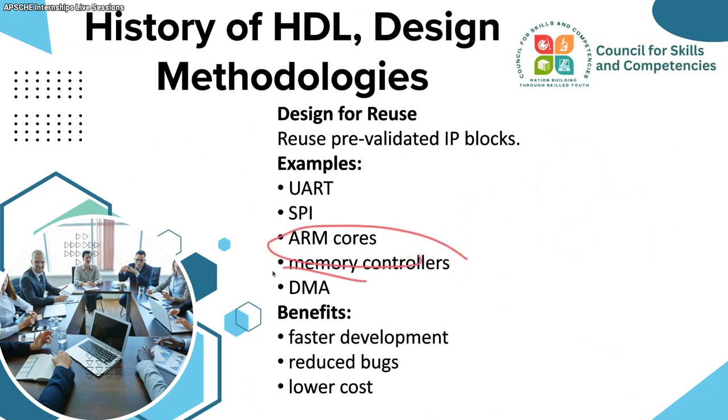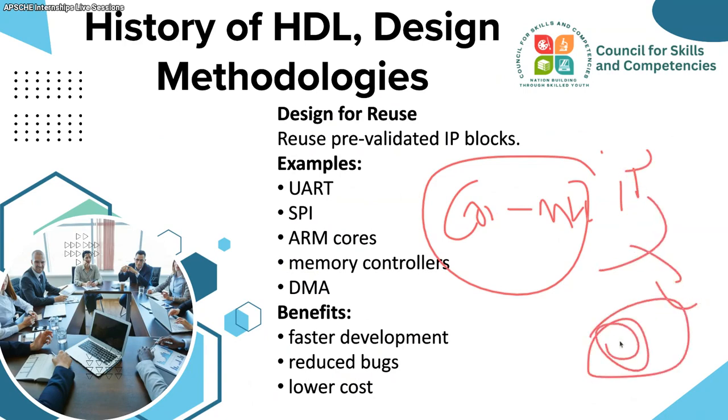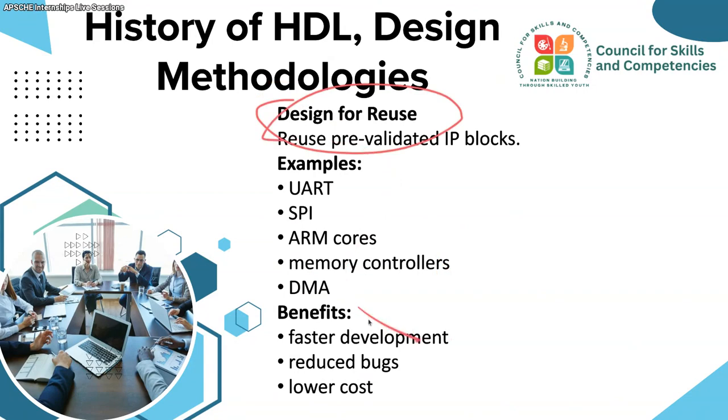Memory controllers and direct memory access are the same kind of reusable things. So faster development and reduced bugs. The Cortex-M4 is already designed; they have the IP and sell it to chip vendors, who reuse it for as many hardware parts as they need. That is design for reuse.